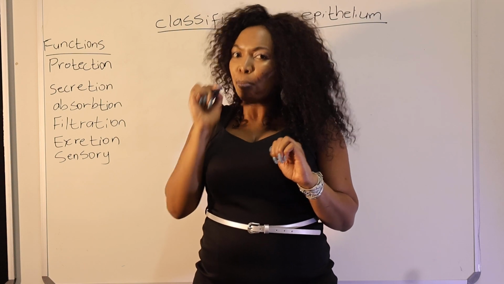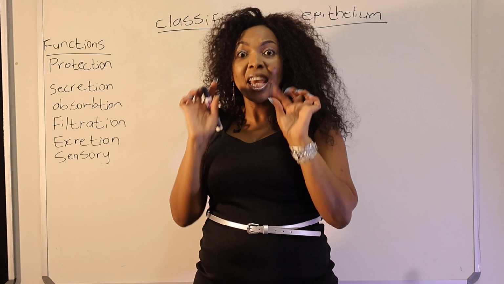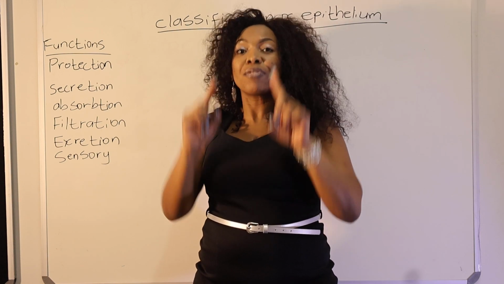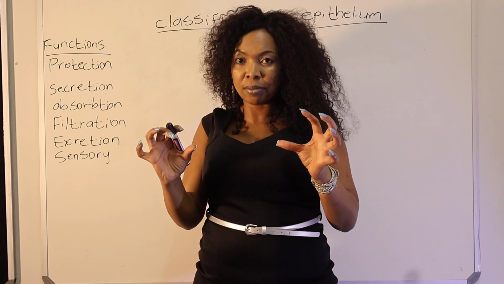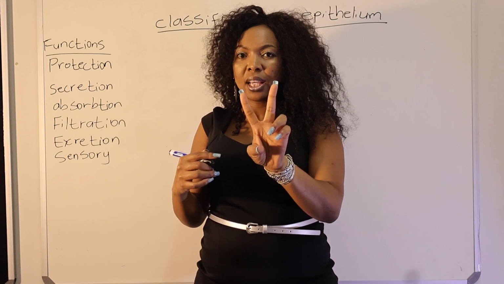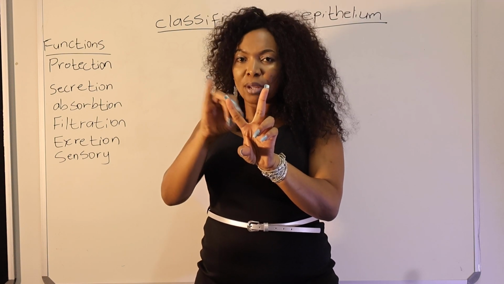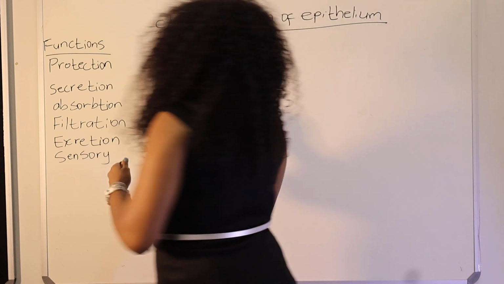Another important thing to know about epithelium is the naming. The name of the epithelium tells you a lot of information. Each epithelium actually has got 2 names, and the first word has got a meaning, and the second name also has got a meaning.